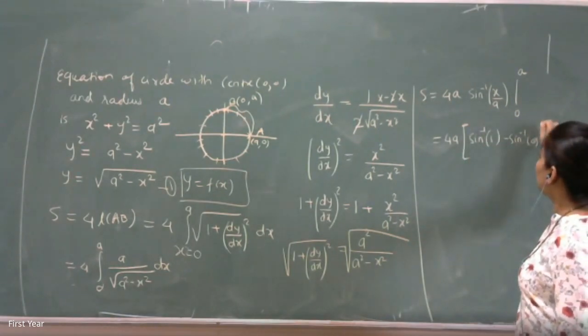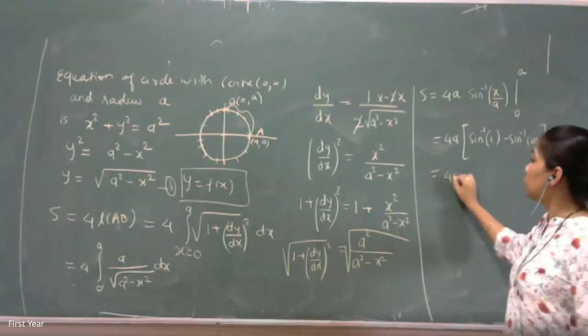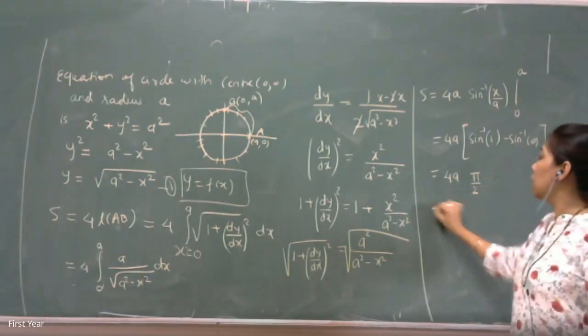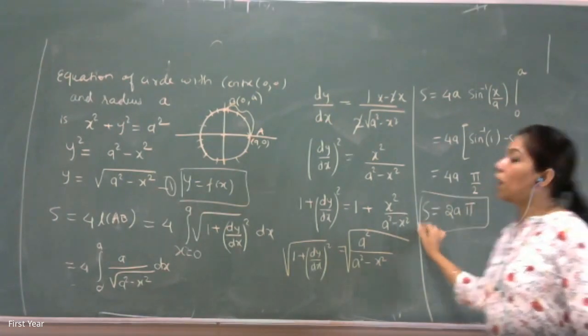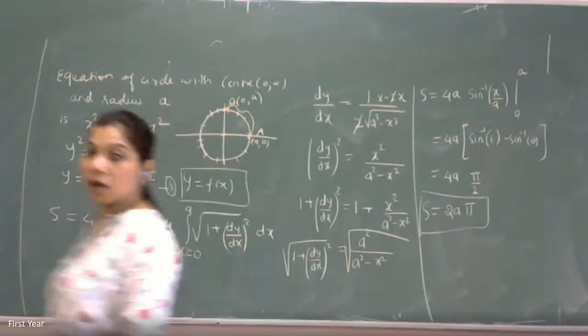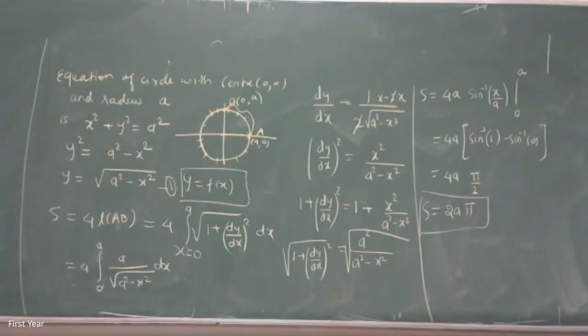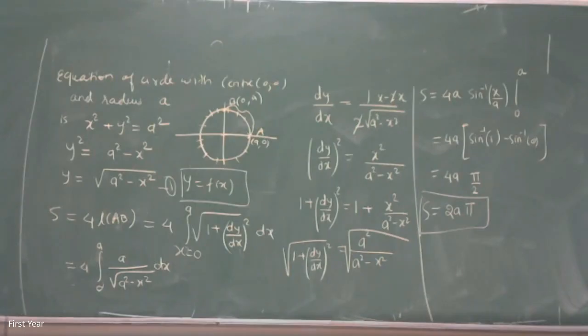Sine inverse of 0 is 0. Sine inverse of 1 is pi by 2. And that's why the circumference of the circle is 2 pi r or 2 pi a. Is it okay? Clear, everyone? Yes, ma'am. Please complete it fast.